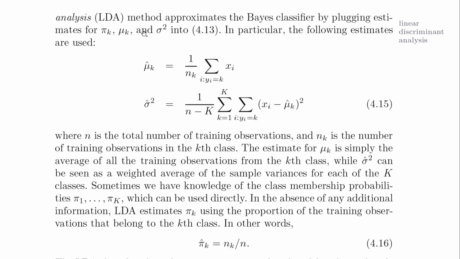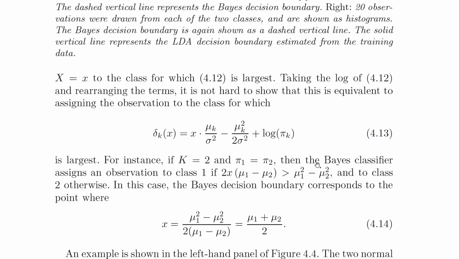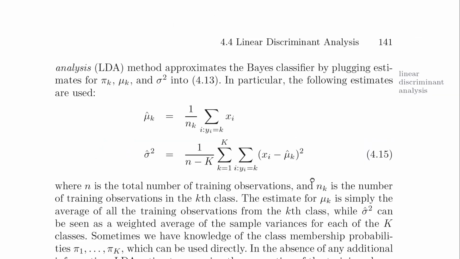The LDA method approximates the Bayes classifier by plugging estimates for pi k, mu k, and sigma squared into 4.13. So we're retaining this, but in real life, you don't exactly know mu, nor sigma, nor the pi's.